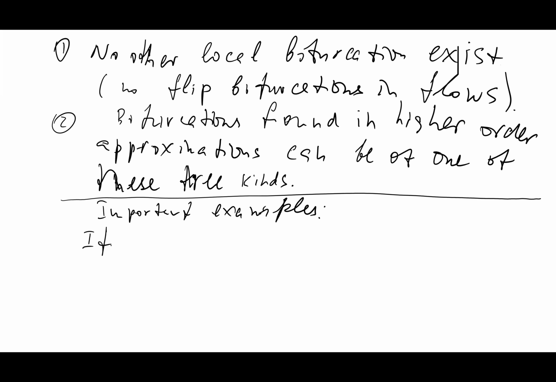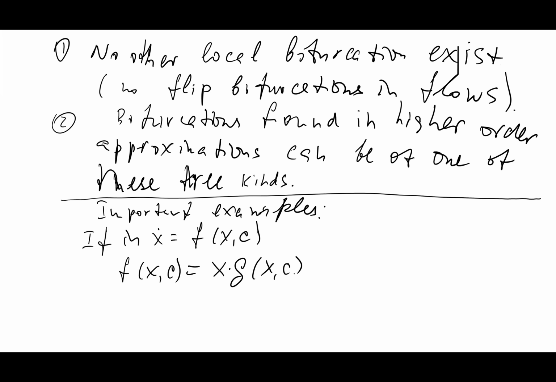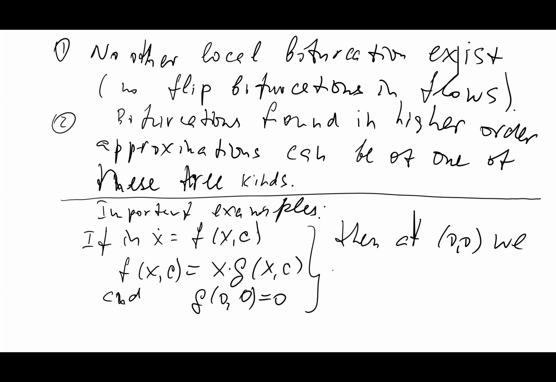If in this flow f of x, c can be represented as x times another function g of x and c, and g at 0, 0 is 0, then at 0, 0 we have a transcritical bifurcation.